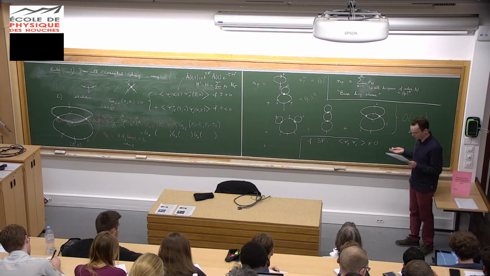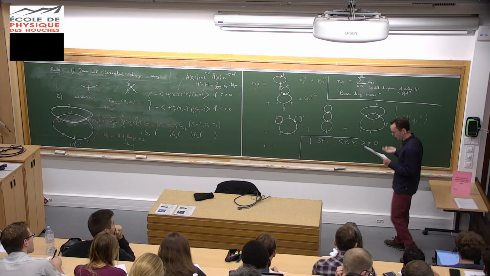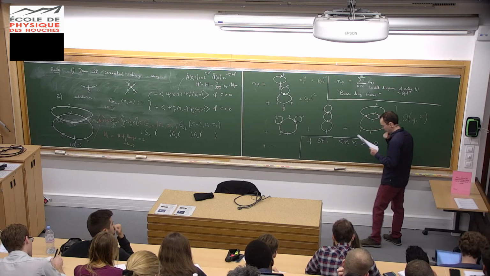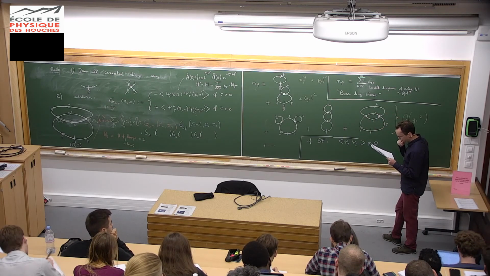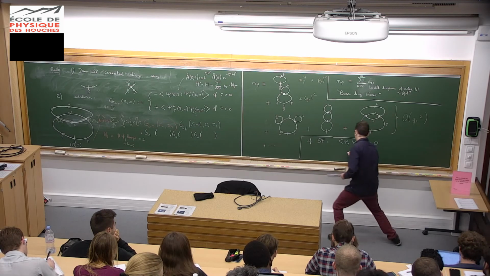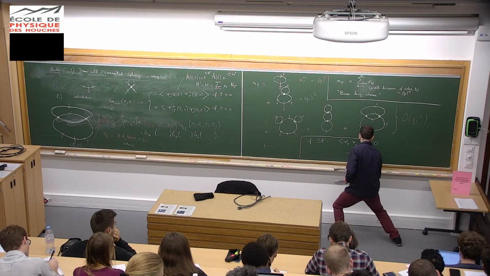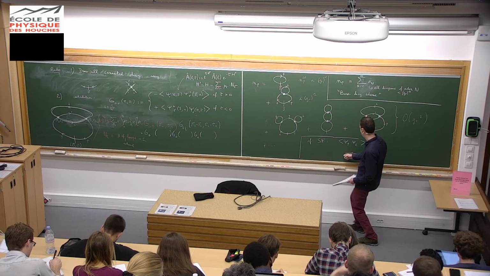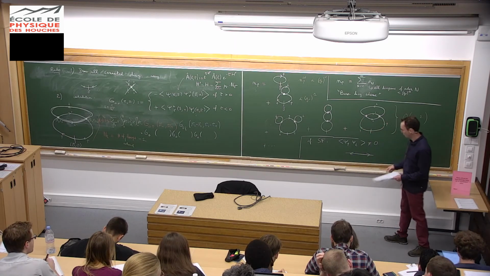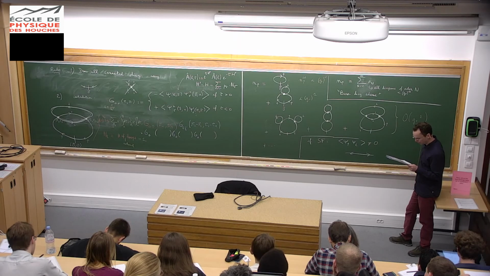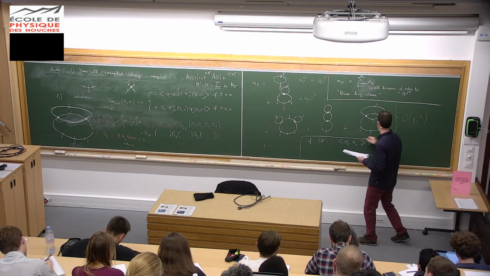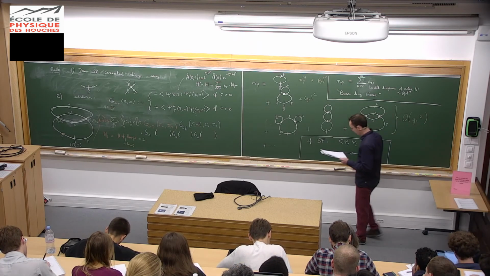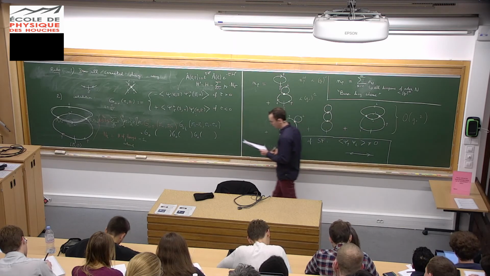You can see this in BCS theory, as Mira explains in her lecture. Therefore, we would need to introduce some propagators which look like this, where you destroy a particle here and you destroy here as well. These are called anomalous propagators. Today I will not consider this, and I will restrict to the normal phase.